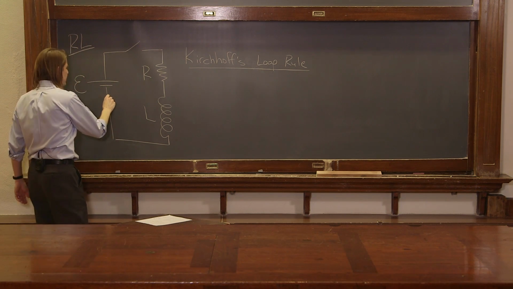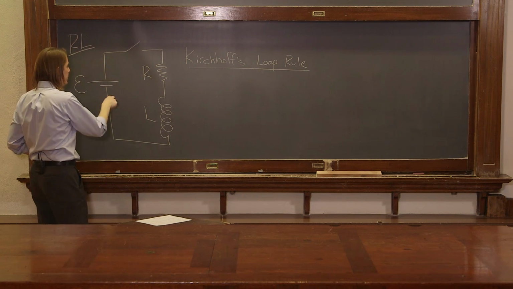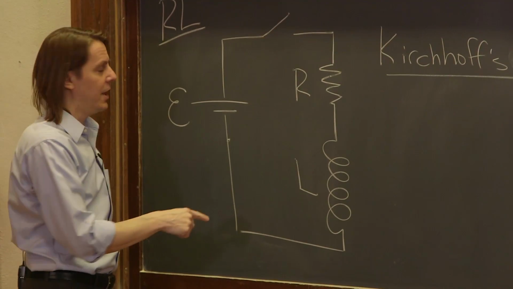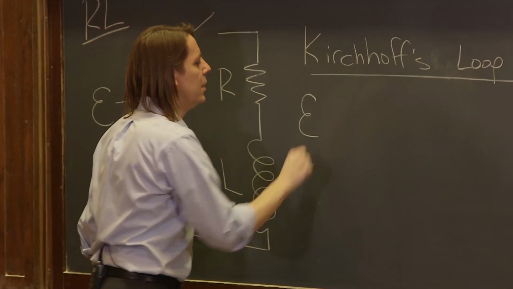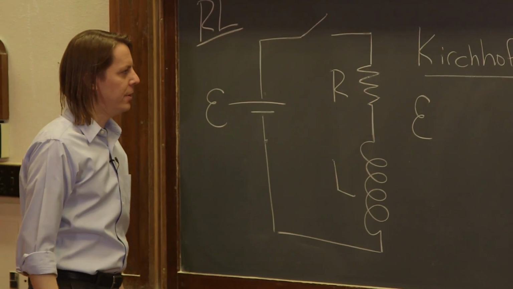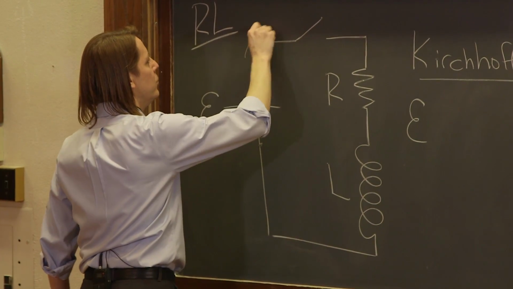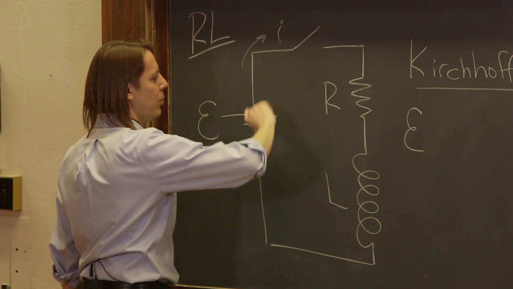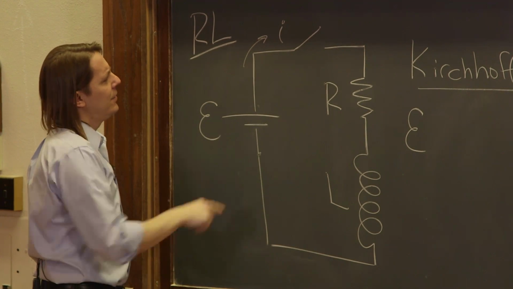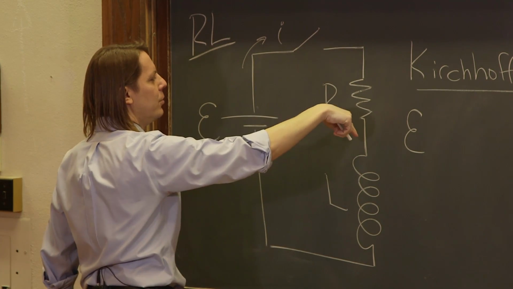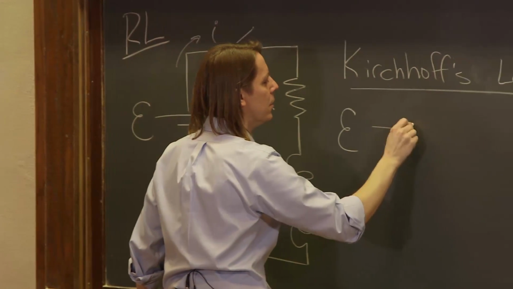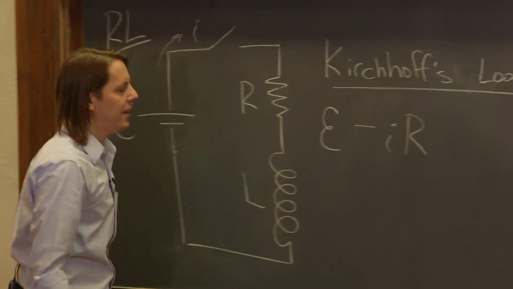Okay, well, Kirchhoff would say start here, go around the circuit, and all the delta V's should add up to 0, right? So if we go from here to here, that's low to high, so that's the EMF of the battery. And then we can assume the current's going to go that way, we're looping that way, and that means this would be the high side of the resistor and the low side if the current flows that way, so it's minus IR, like that.